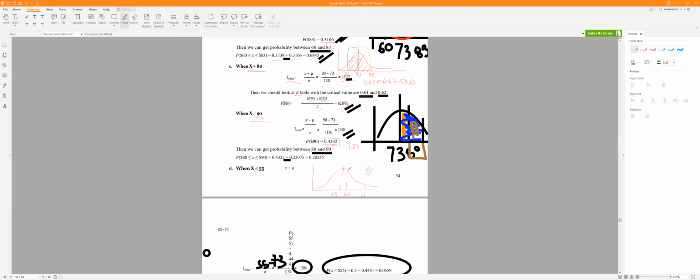Okay, so the probability for 80 is 0.23075. And the probability that it's less than 90, because of course you have to put an emphasis on the middle of the graph, right?